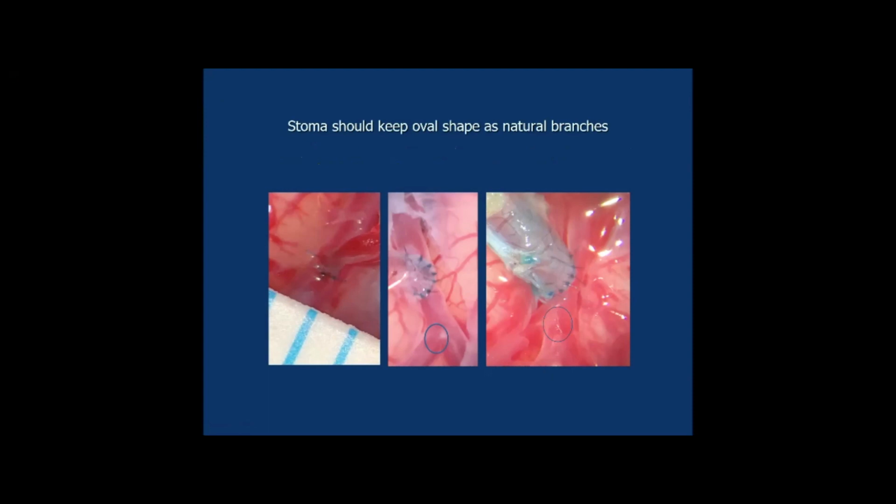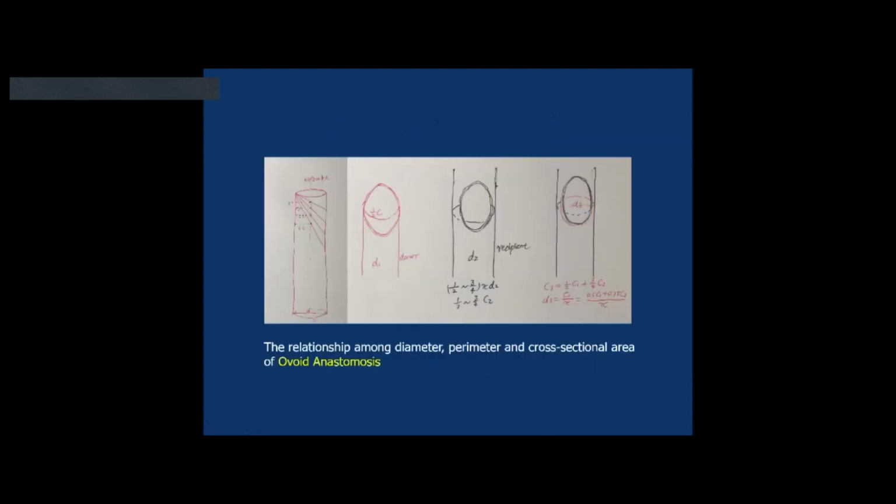You can observe all the natural branches. Actually, the shape of the stoma was oval. So we can also calculate the relationships among diameters, parameters, and the cross-sectional area of an oval-shaped anastomosis.